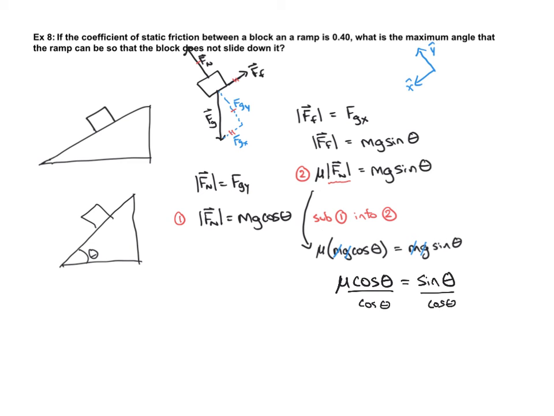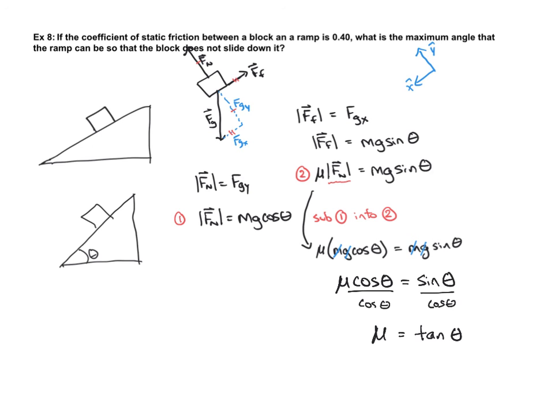That's a little trick, because what happens is on the left side you're just left with mu. And on the right side, what is sine of theta divided by cosine of theta? It is tangent of theta. There's a trigonometric identity there.